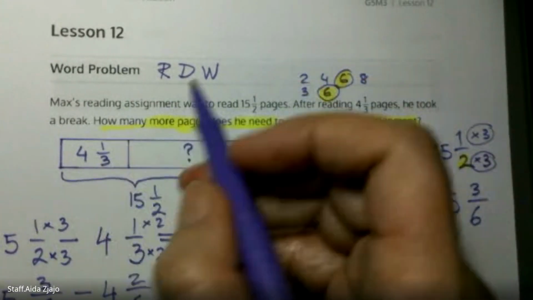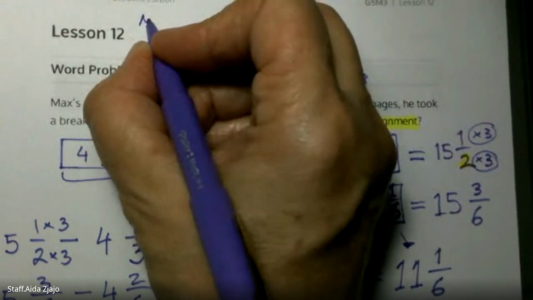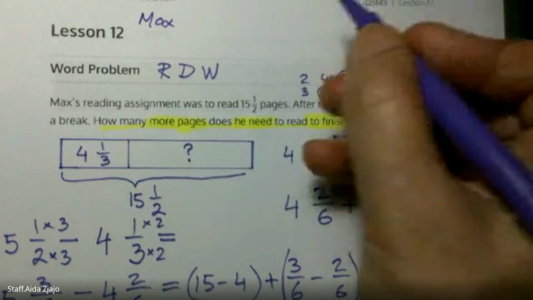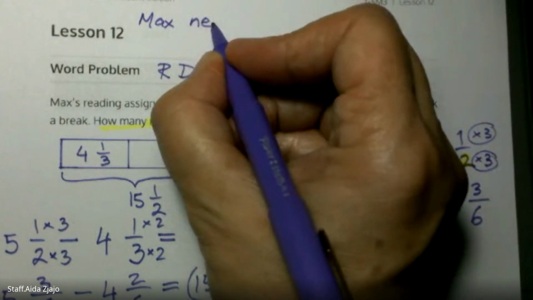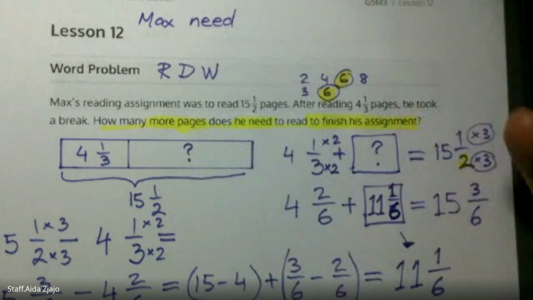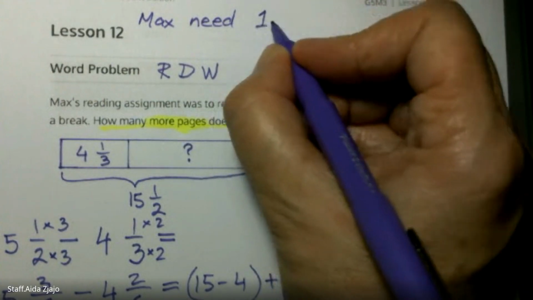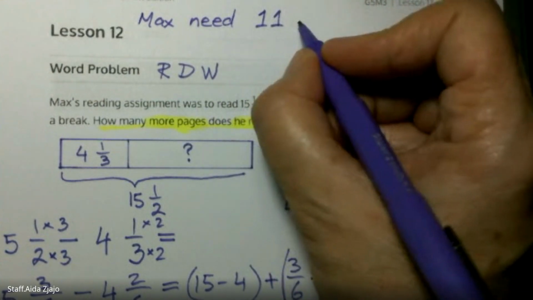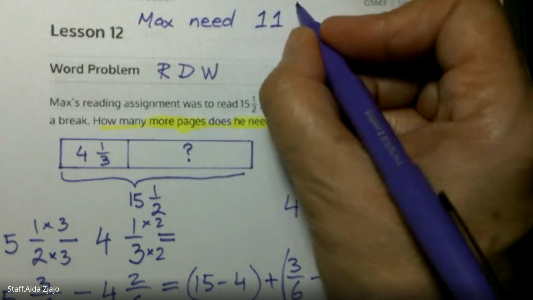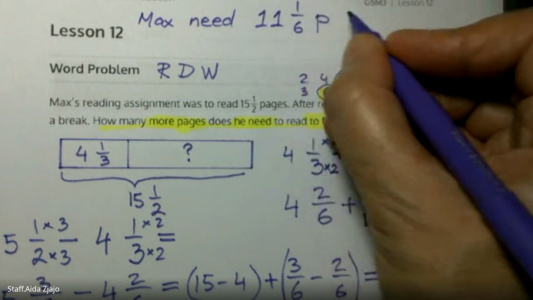Okay. Mark needs 11 and 1/6, 11 1/6 pages.